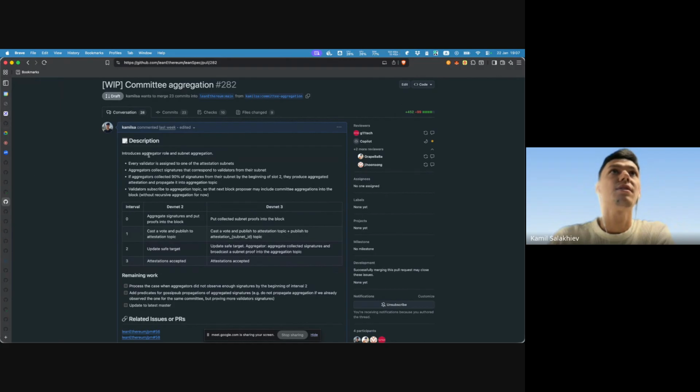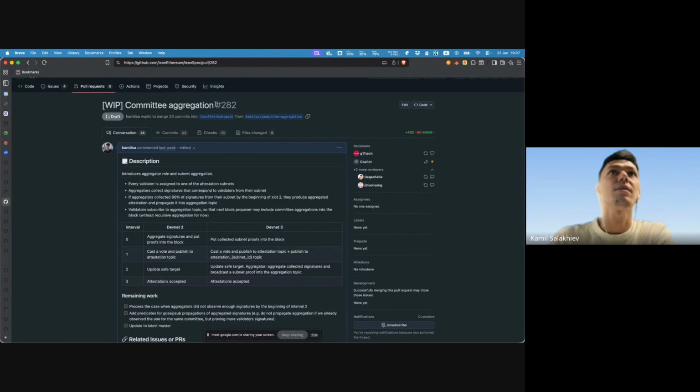So the change that I think we kind of agree we want to introduce in Devnet3 is committee aggregation, so that we introduce subnets where validators share their attestations.